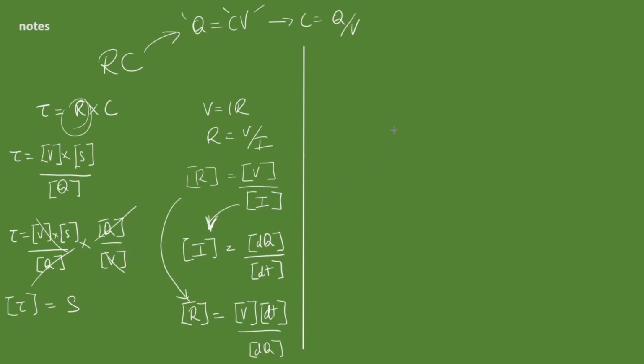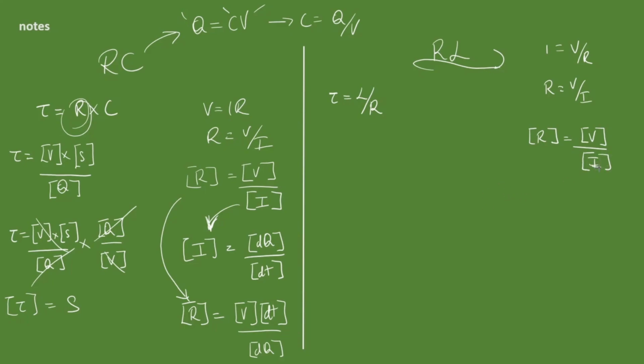Fantastic. For RL, it's the same thing, but a little bit funkier. Remember, our time constant is L over R. From Ohm's law, I is V over R, so R is V over I. So the dimensions for R are voltage over current.